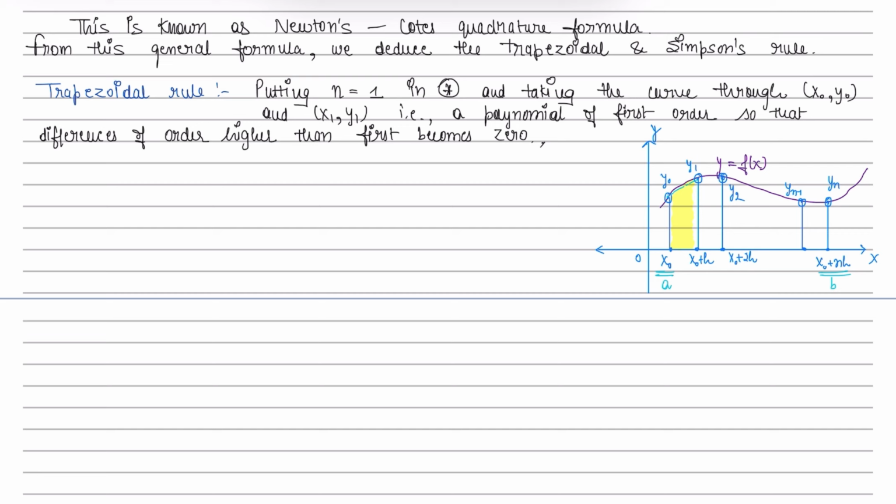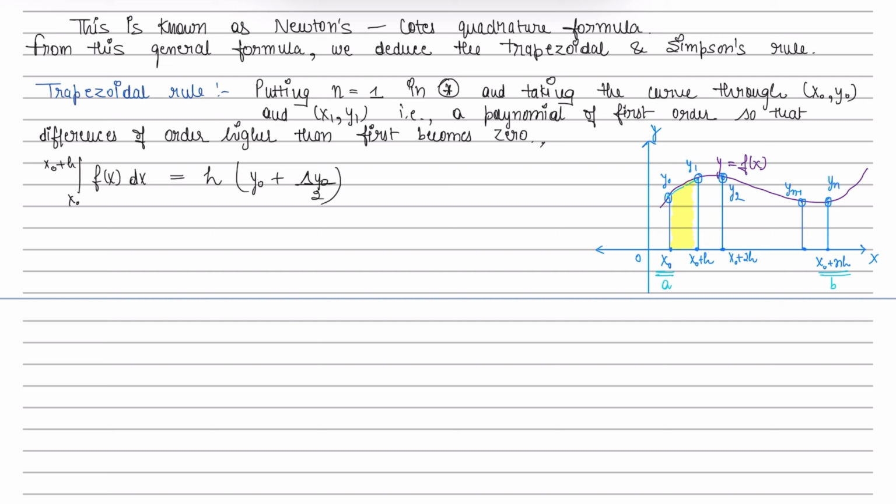Since we have to put n equals to 1 in equation star, that equation will change into the integration from x0 to x0 plus h of f of x dx is equal to h times y0 plus first forward difference upon 2.